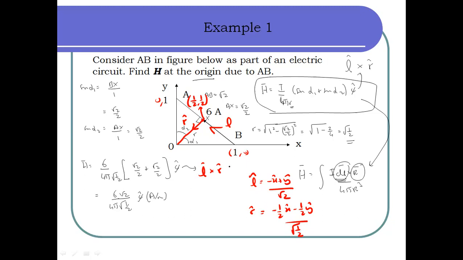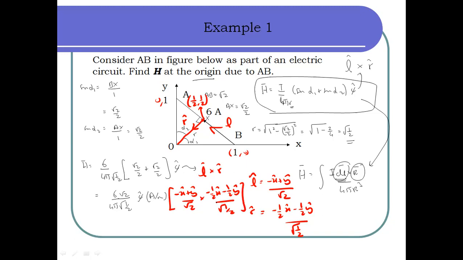Okay, so we're going to do the cross product now, in which phi is based on this cross product where we have negative x plus y divided by root 2, cross product with negative half of x minus half of y divided by root of half.